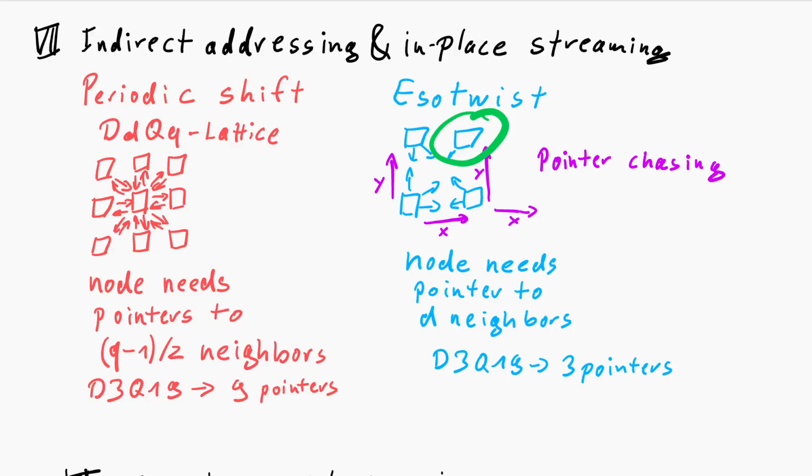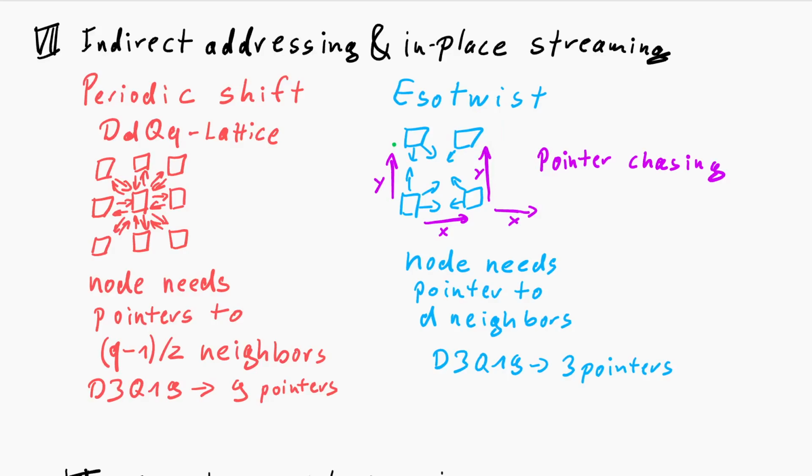So in 2 dimensions, you would require information from 4 different nodes, but you don't need the link to this node here, because if each node has a link in Y direction, you can follow the X direction and then go to the Y direction, and then you end up here.